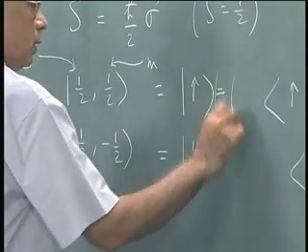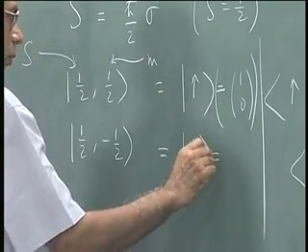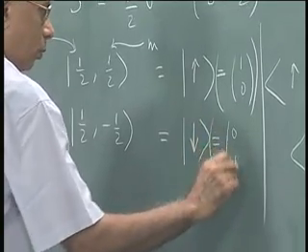You could also write this as 1 0, and this could be written as 0 1. In any 2-dimensional linear vector space, you could choose 1 0 and 0 1 as the orthogonal independent vectors which form a basis in this space.